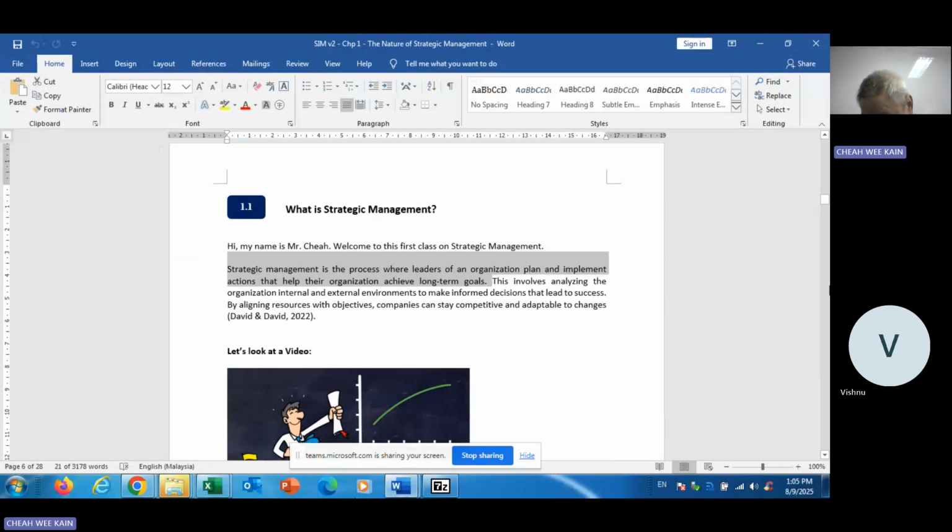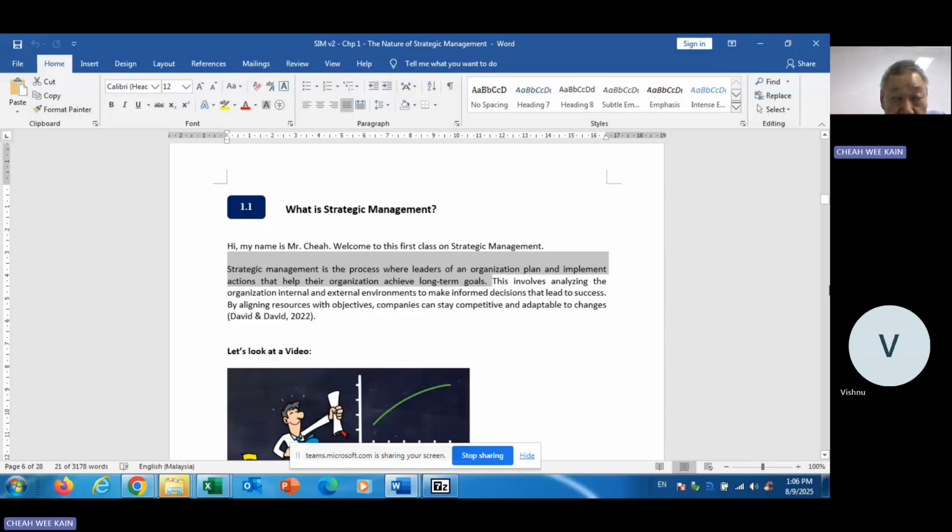Now, what are the long-term goals of an organization? Well, there can be many, but basically the important ones are, for example, that they can survive and thrive over the long term. Okay, long term, I'm not talking about 6 months, I'm talking about maybe many, many years. We have companies like, for example, Nestle, more than 100 years, right? And of course, we have companies that were created and then suddenly went missing or went bankrupt.